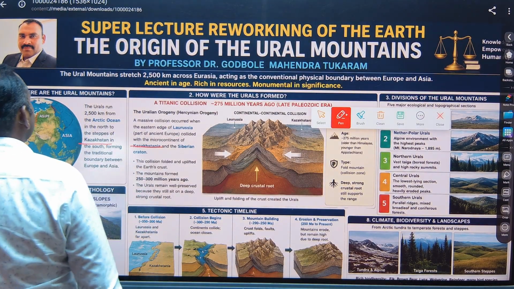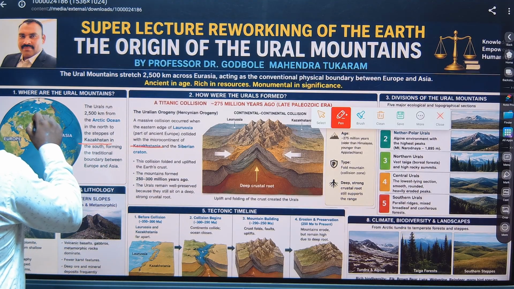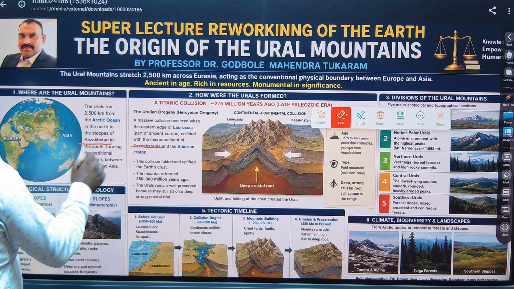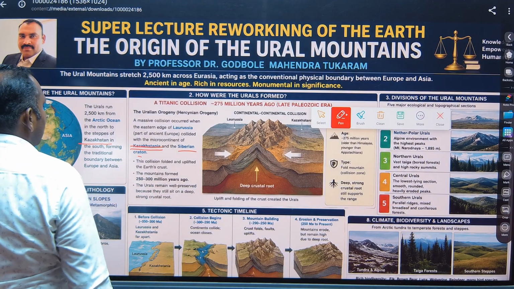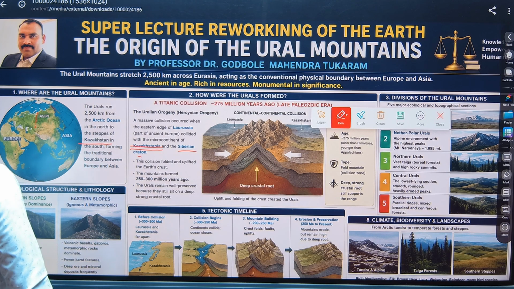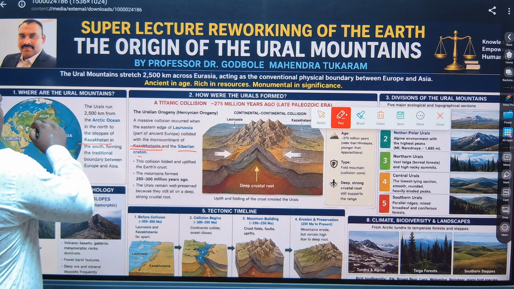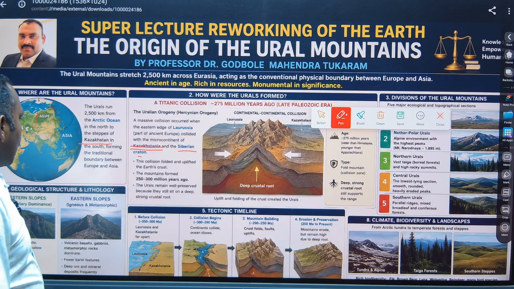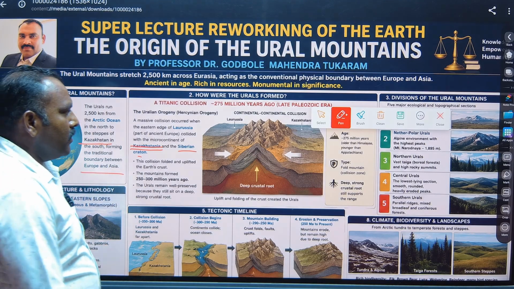So what is the extension of this mountain? This mountain was formed from the Arctic Ocean at the northern region, and it ends at Kazakhstan and the Siberian Craton in the south, forming the traditional boundary between Europe and Asia. The Ural mountain is separating Asia and Europe.